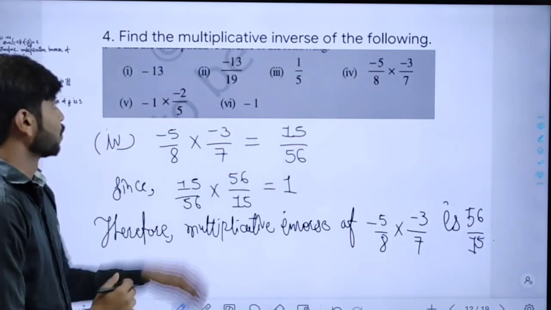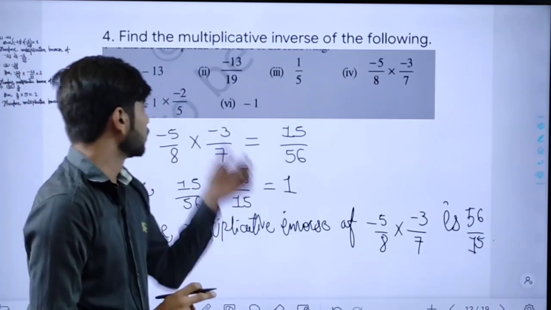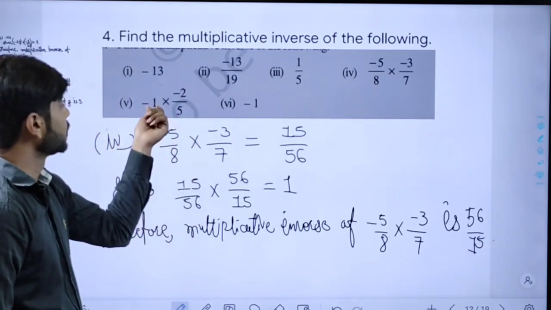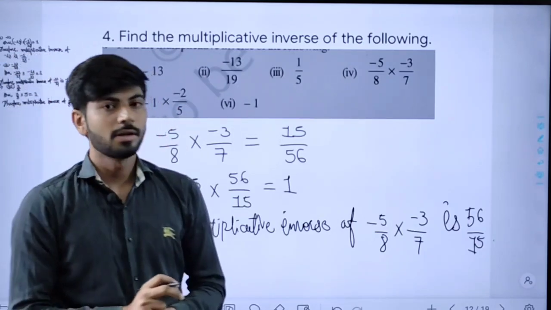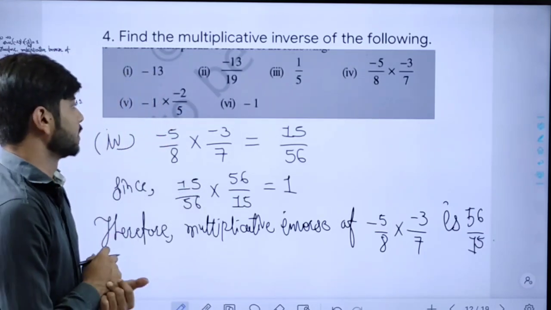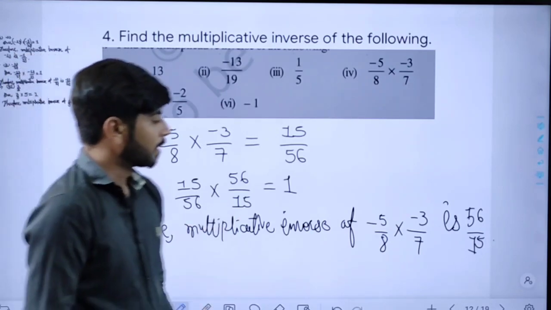Okay, so you have to find the other two. You have to multiply these numbers and then you will get some answer, and then you have to find the multiplicative inverse. Okay, let's start now.